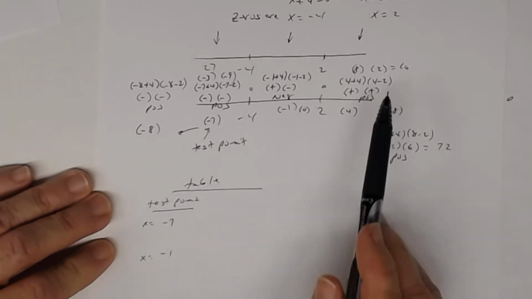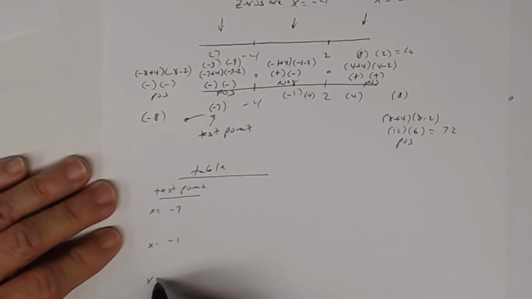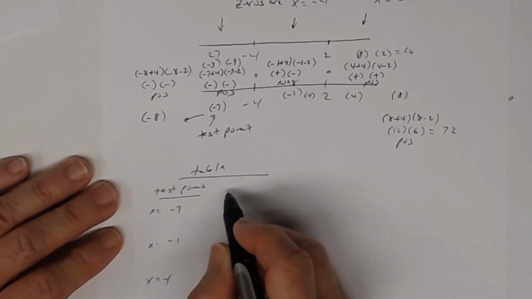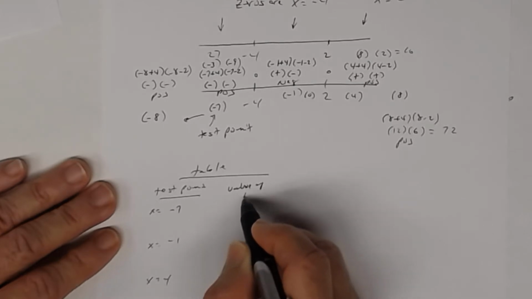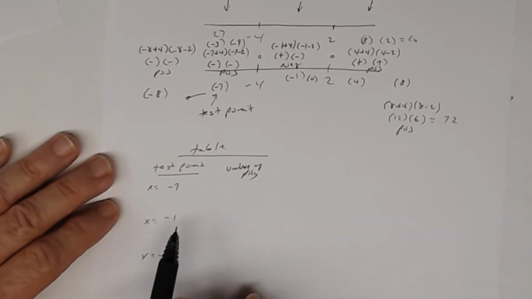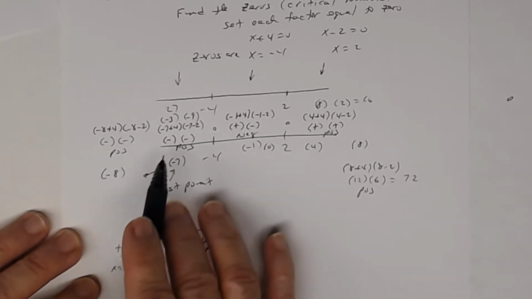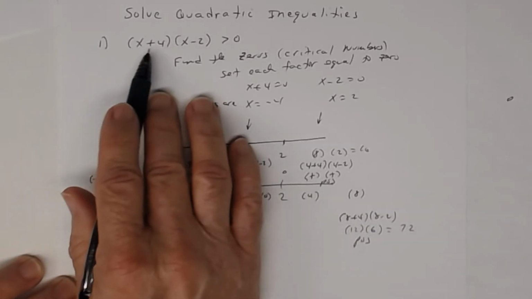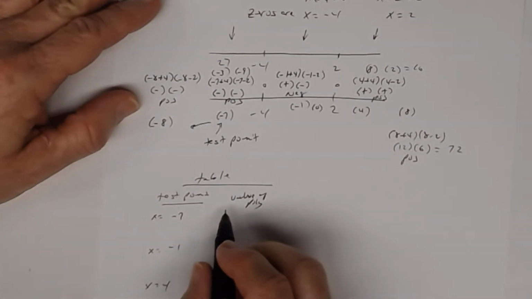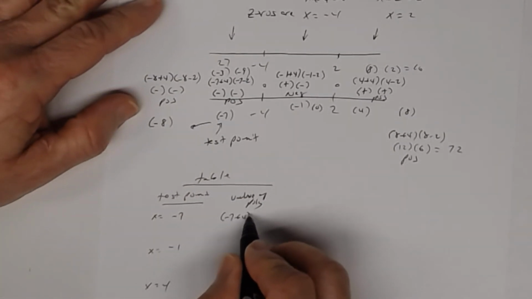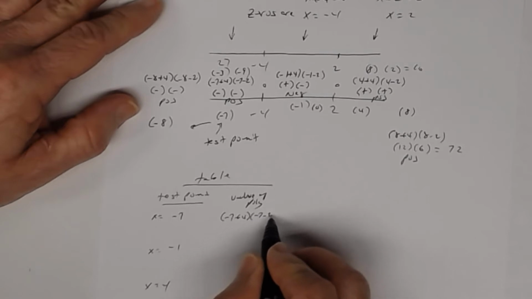Then your other one was test point 4, okay? And then you would determine the value of the polynomial. If x is -7, you substitute into here. You'd say -7 plus 4 times -7 minus 2.